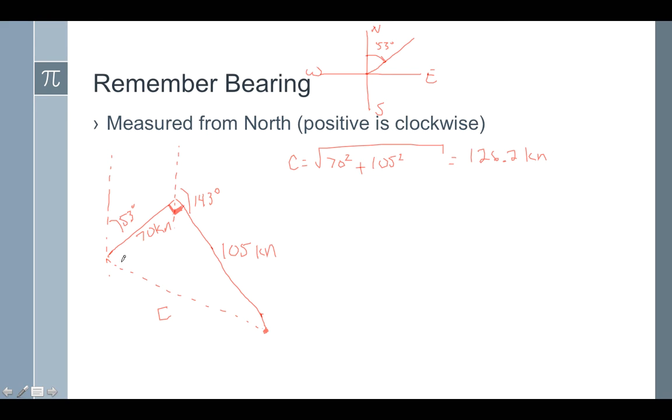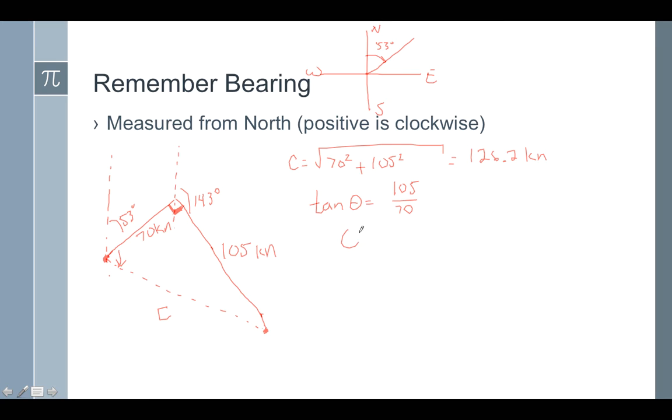And then we need to know the original bearing from where you're at. So it would be a good idea to find this angle because this is where you started. And from that, I can just do the tangent. If I called that angle theta, tangent of theta is equal to the opposite over the adjacent.